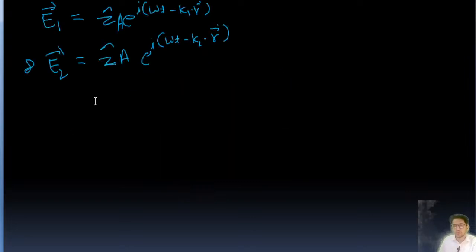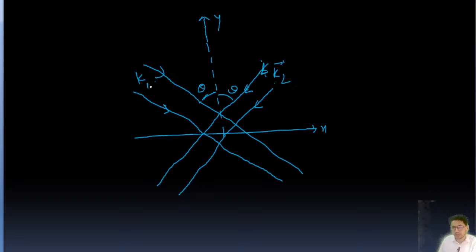Okay, so for the k1 vector, along this direction it is going to be k1 cos theta, and along this it is going to be k1 sin theta, and the direction is this.